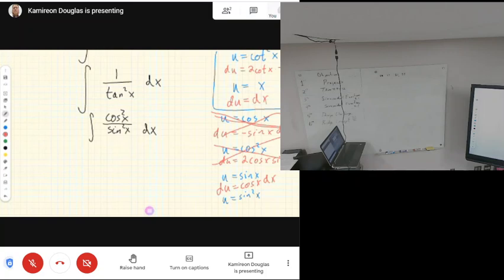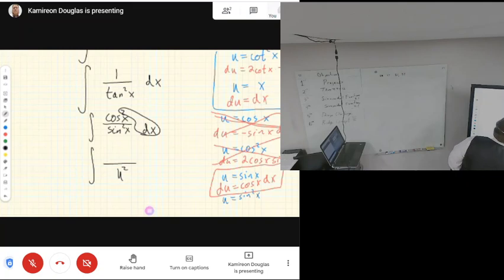Let's try the sine x. Okay, so one of my cosines becomes wrapped up in the dx. So I integrate. On the bottom, I'd end up with u squared. On the side, I end up with du. Pulling one of the cosines out to be with the du leaves a single cosine on top. Would you have to do substitution?